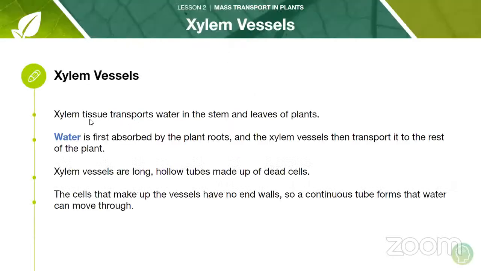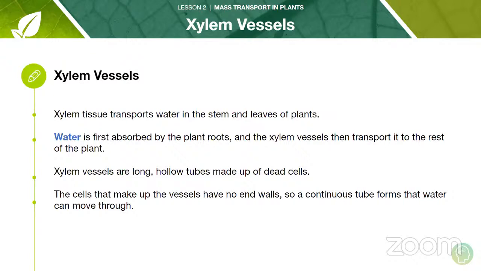So xylem transports water in the stems and leaves of plants. The first thing is that water has to be absorbed by the plant root hair cells, and then it is transported into the xylem and then to the rest of the plant.